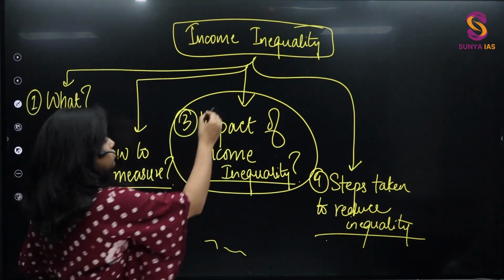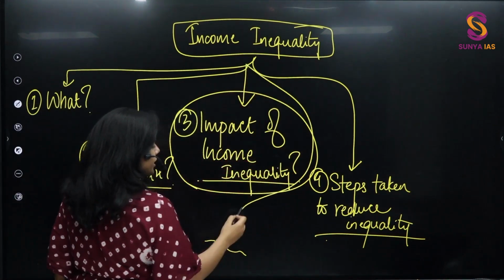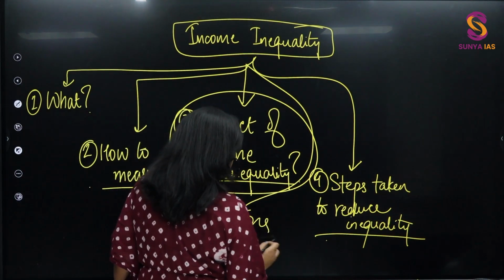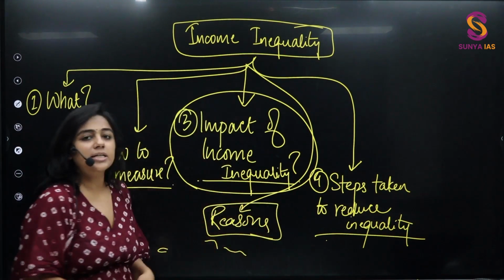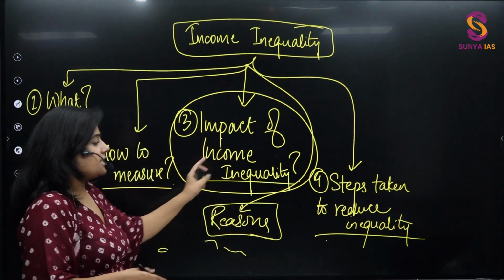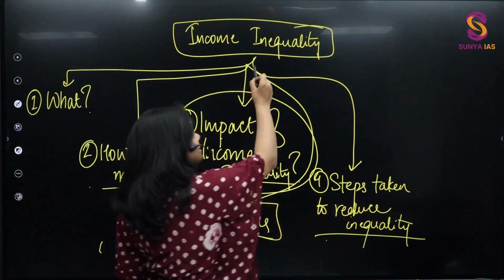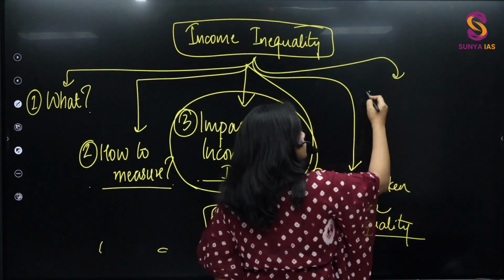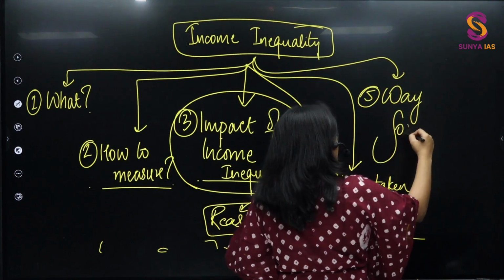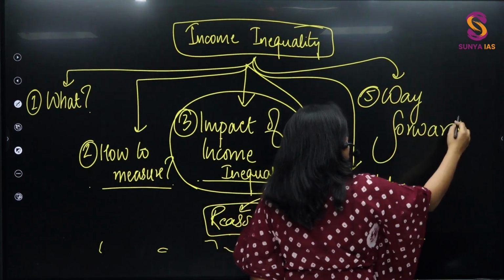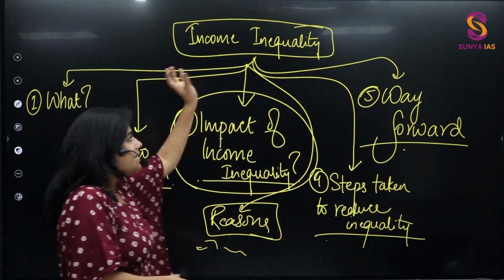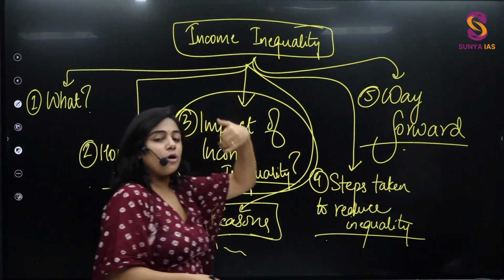Here you will also, of course, write reasons why income inequality exists. So impact and reasons, then steps taken, and then way forward. Because clearly the steps taken are not enough, so then you will go to way forward, right? This is the flow of your answer as well.